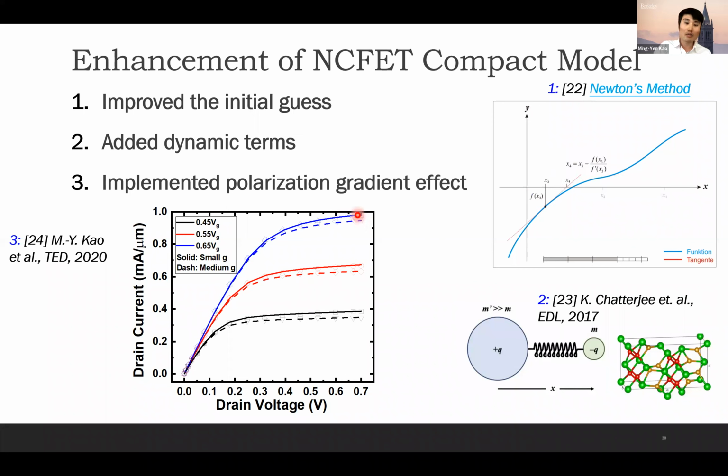You can see our model with tunable G, the parameter representing the polarization gradient effect, can fit the TCAD data with different polarization gradient effects, which means our NCFET compact model can capture that physics effect. Those are the three enhancements I would like to mention for my contribution to the NCFET compact model.